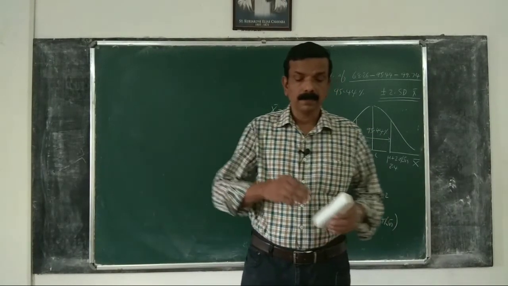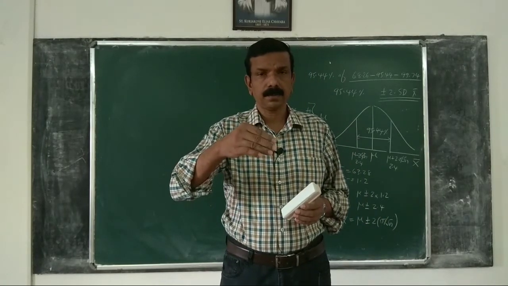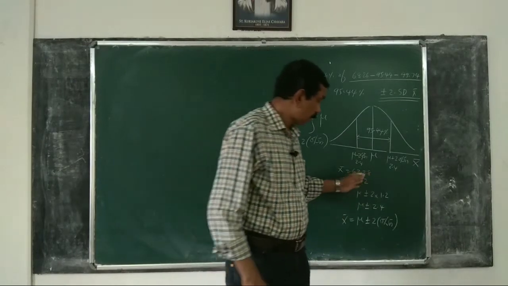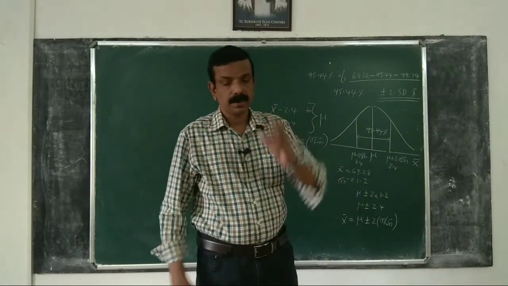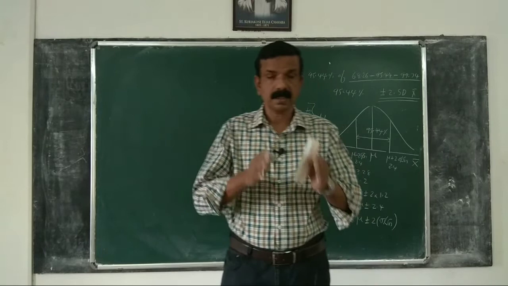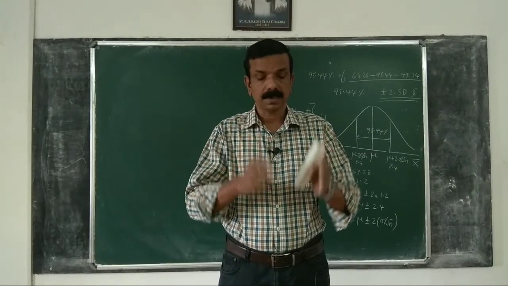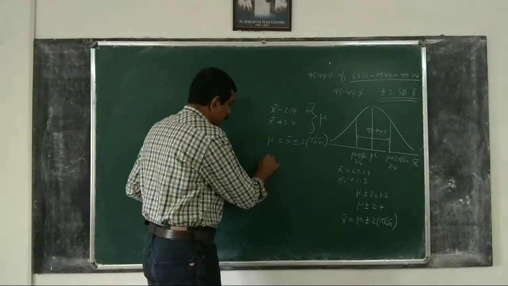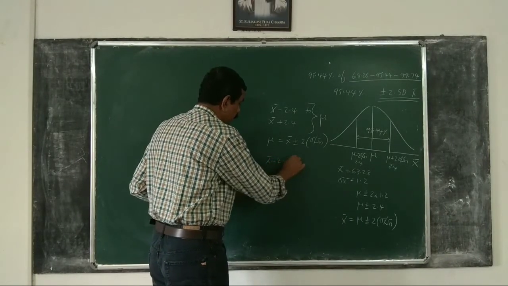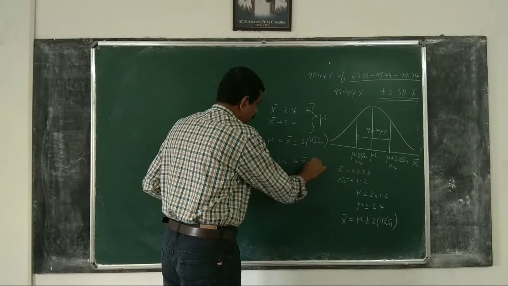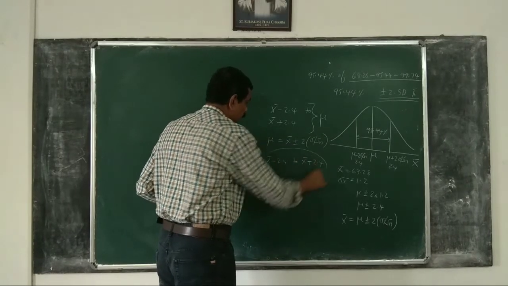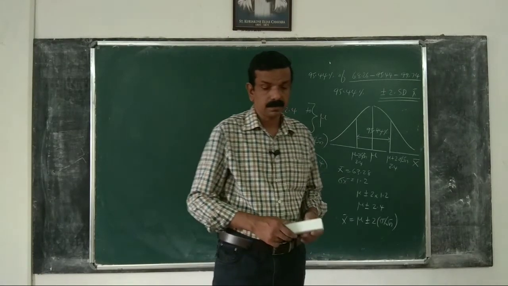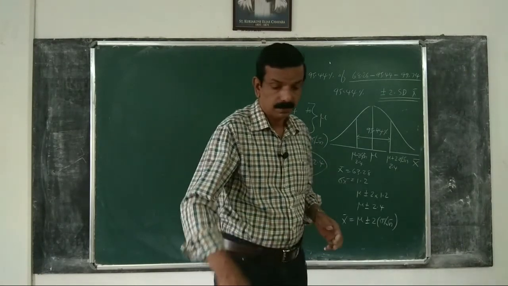So, we can be 95.44% confident that the sample of 36 new mobile phones whose prices are given has the property that the interval X bar minus 2.4 to X bar plus 2.4 contain mu.